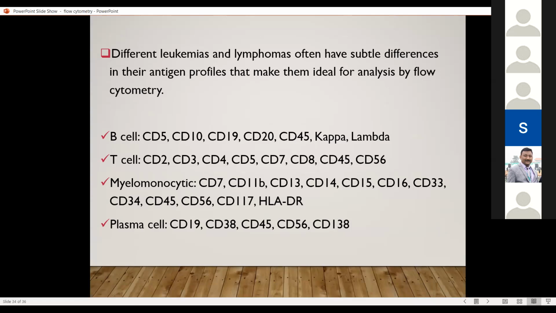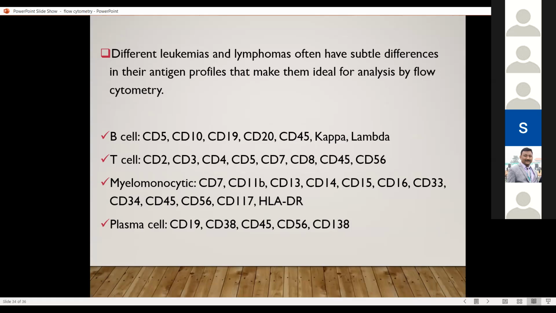Like T cells have CD2, CD4. If we have any kind of disease, the first thing that alters is the CD marker expression present on the cells. So as the markers alter between different cells, we can diagnose it using flow cytometry.